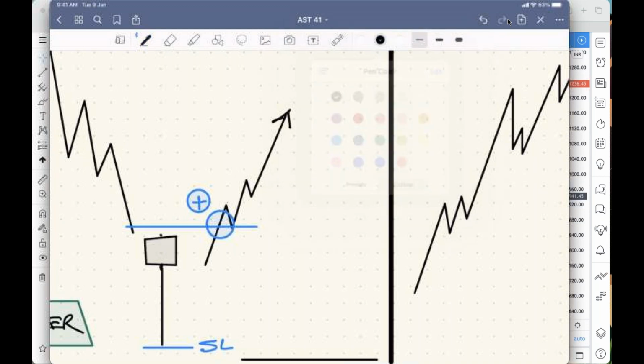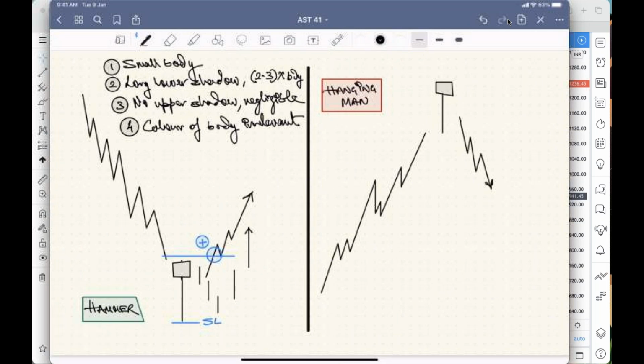Prices after a hammer will have a tendency, not very common but not that rare either, to come back and tease the lowest point of the hammer. And then later on it will pick up, and then it can give you a breakout on the upside. Not always, but it has a tendency like that.